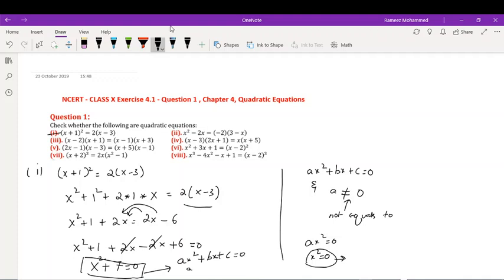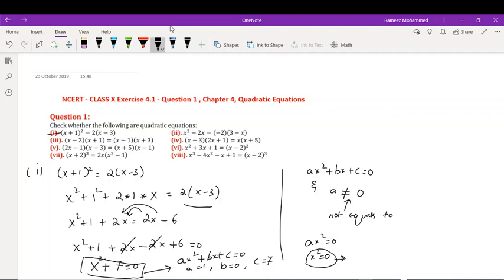What is a here? a is equal to 1. What is b here? b is equal to 0. And what is c? c is equal to 7. So in this case b is equal to 0, but even if b is equal to 0, it's not a problem. The only problem occurs when a is equal to 0, then it is not a quadratic equation, guys, and we will see these examples in some other questions.